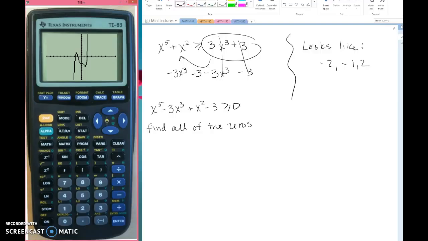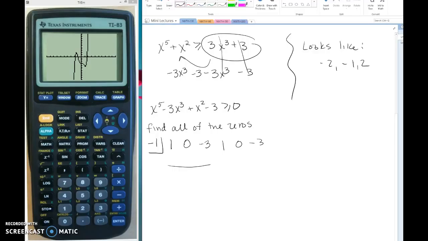Another thing we could do, let's use synthetic division. It looks like the -1, it's definitely touching there. So let's do synthetic division there. We're going to do the little box and put the coefficients: 1 for x to the fifth, we don't have an x to the fourth so we're going to do 0, -3 for x cubed, 1 for x squared, 0 for x, -3.